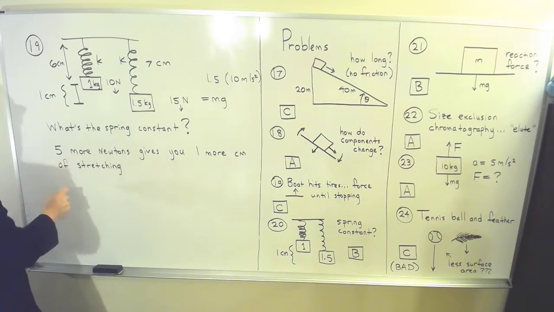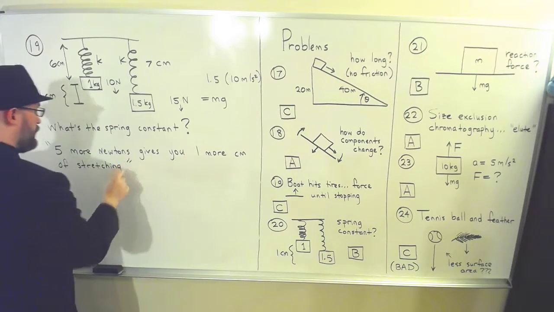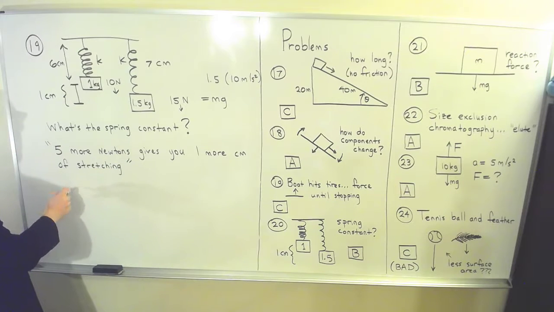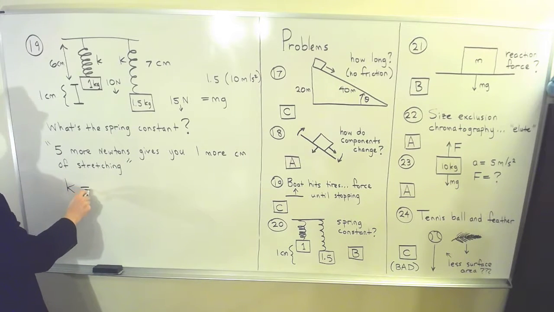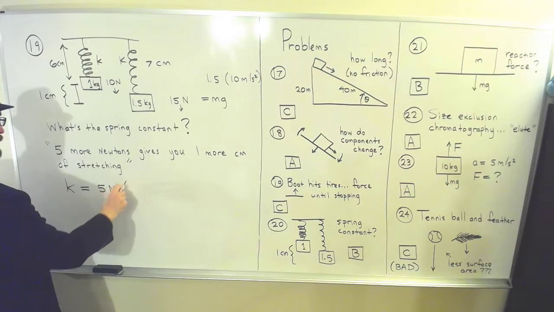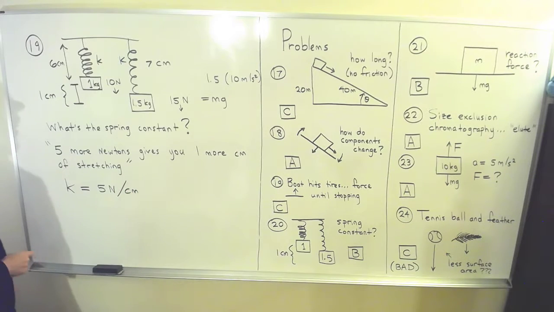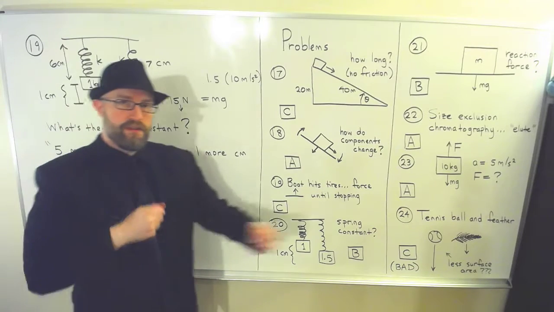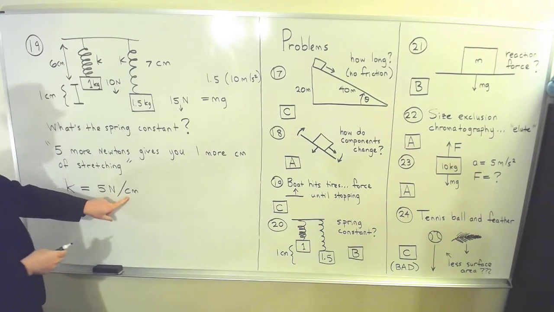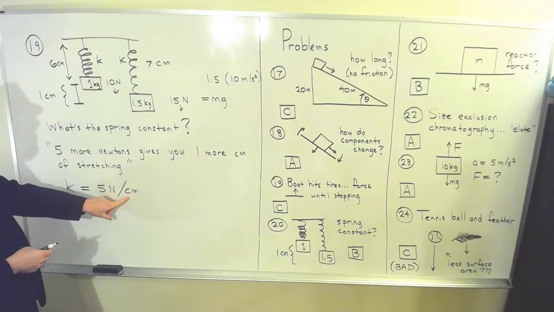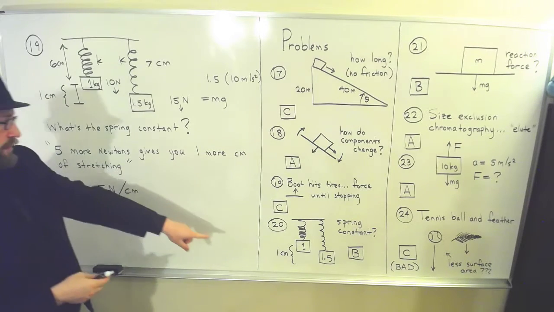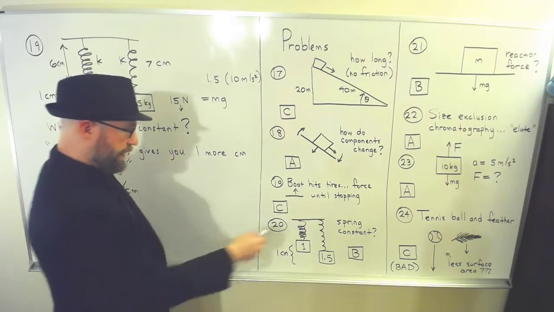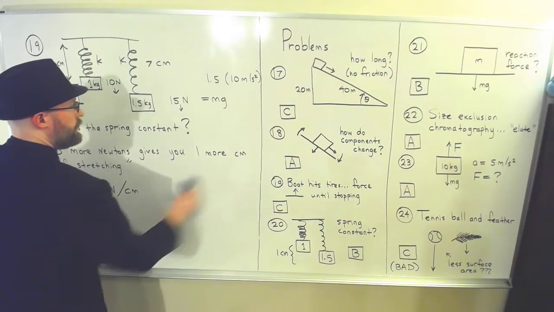And so this is sort of an informal way of saying that the spring constant K is 5 newtons per centimeter, because it takes 5 newtons to deform it another centimeter. And that is answer choice B. It was answer choice B on this one.